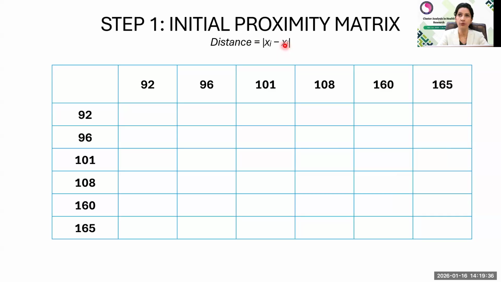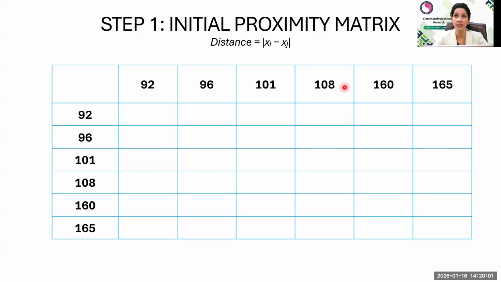Distance is the absolute value of these two measures. So how to plot this? You don't have to do this, again I say, the software does it in the background. For demonstration purposes we are showing it. So we have written the same values in the row and in the column.